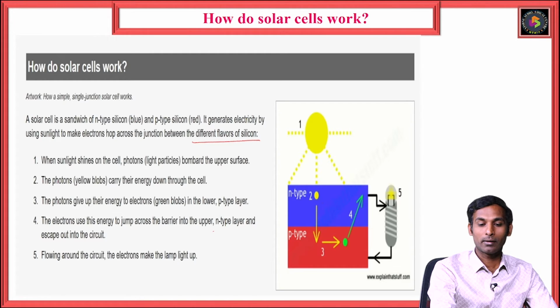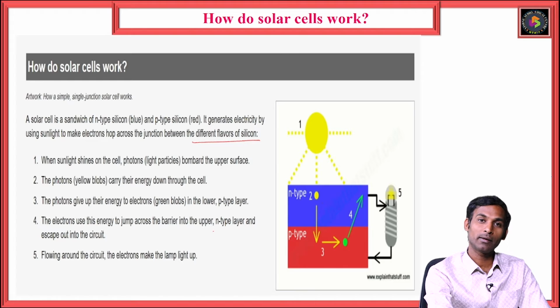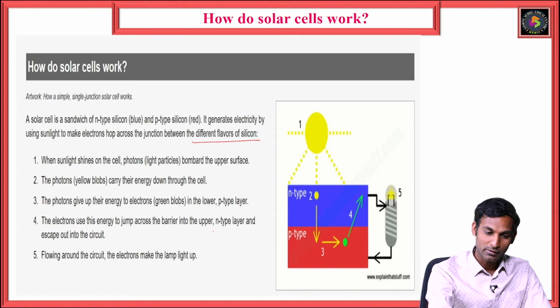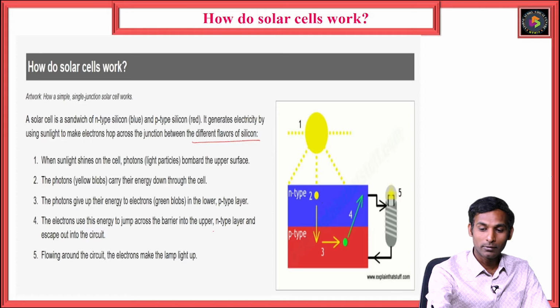In the same way, in an experiment on the photoelectric effect, the emission of electrons from a metal surface is called the photoelectric effect. Here in this circuit diagram, the electrons flowing around the circuit make the lamp light up. So point number 5 indicates that the light will be glowing in this circuit.